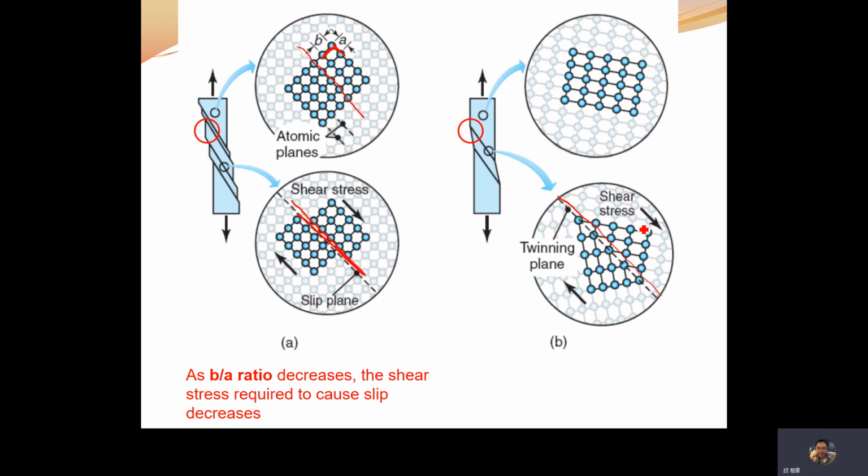As the shear stress is applied on the crystal structure, we get a mirror along the twinning plane. It's symmetric. So it's the original structure when the shear stress is applied on it, and it has the twinning plane, and the crystal structure is a mirror along this twinning plane.